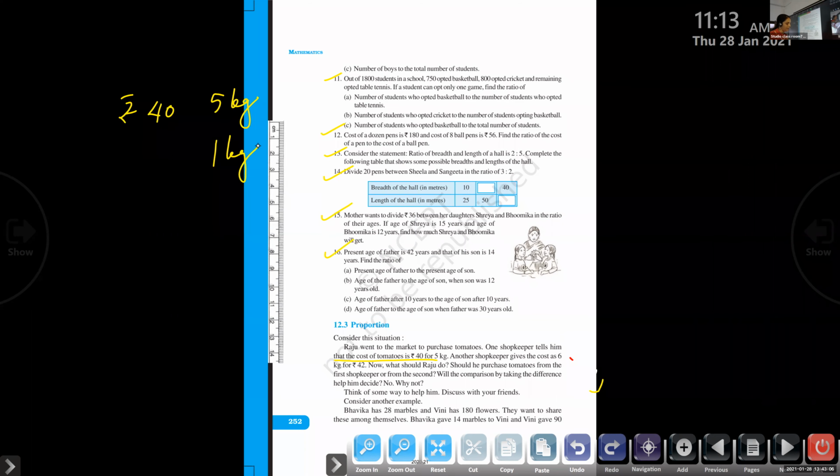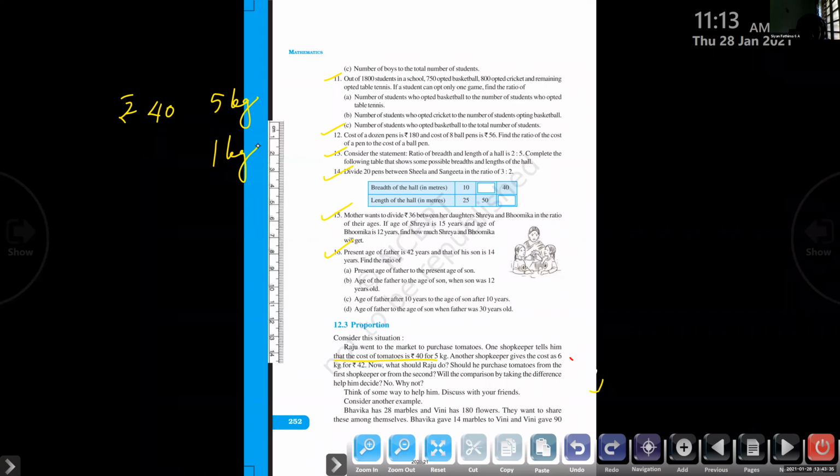Then what is 1 kg's cost, children? Divide and find out. 40 divided by 5 is 8. Divide and find out.